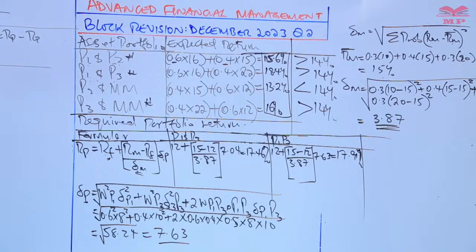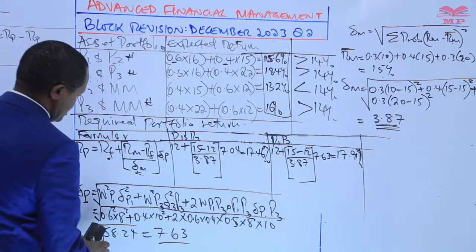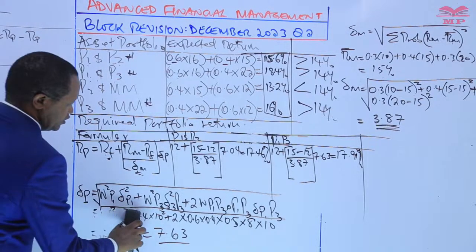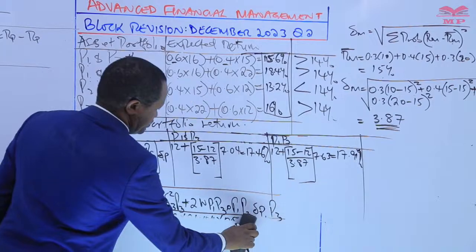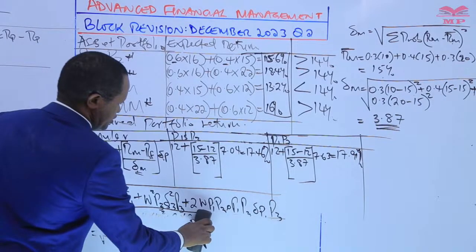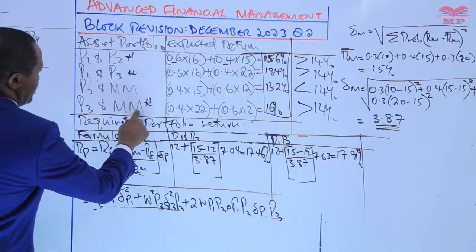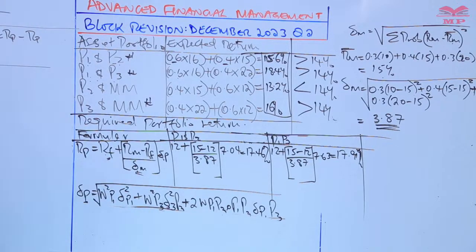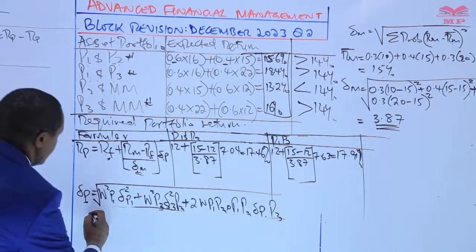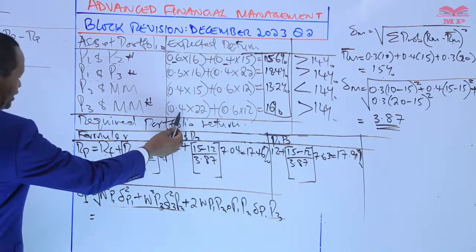We want to calculate the portfolio standard deviation for the last portfolio, which is P3MM. We see the weights here.